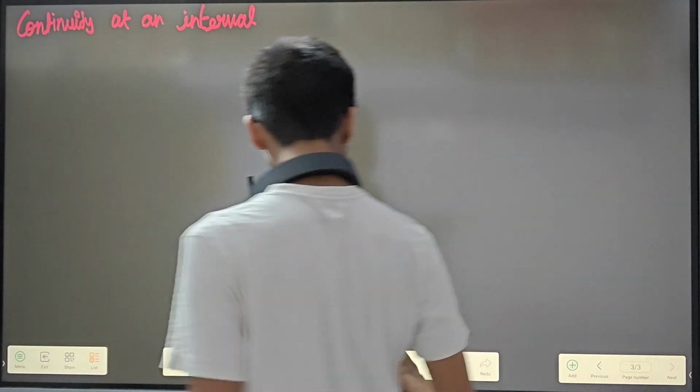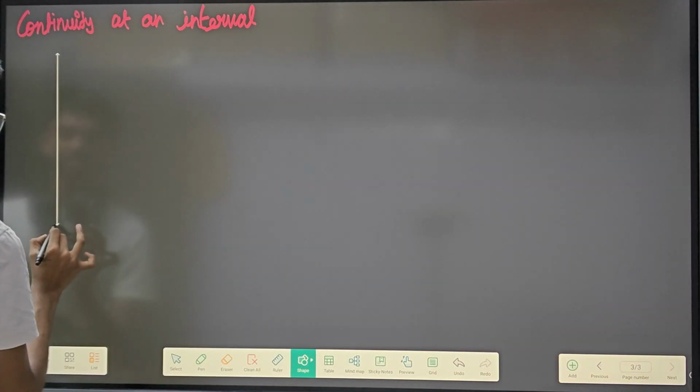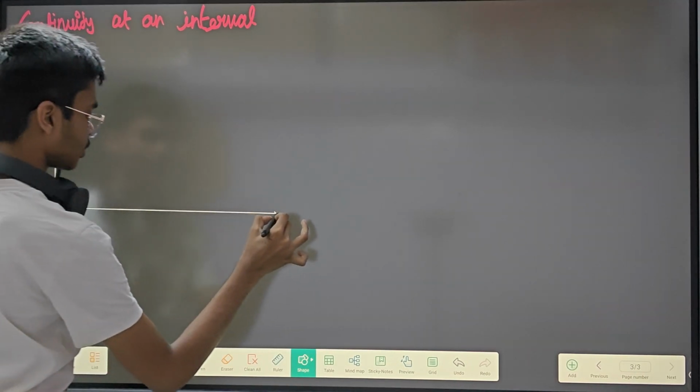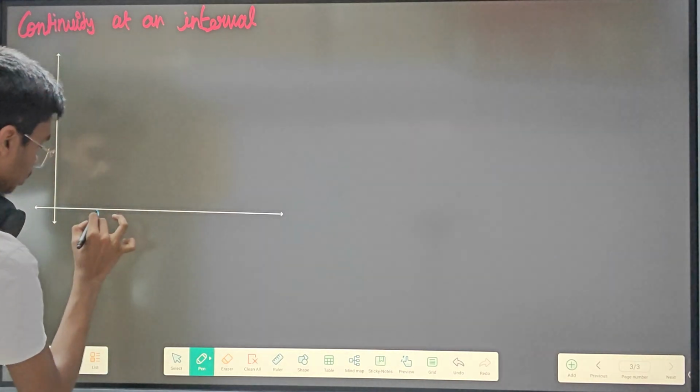So, same graph you have to take here also. The graph is the same, but other than that, the concept has some differences. We will also understand those differences. So, let this be one point and let this be another point.